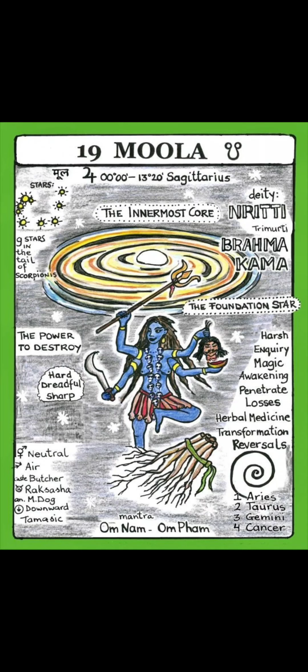And as we can see here, the Mula nakshatra is the innermost core, also known as the foundation star. The Mula nakshatra initiates spiritual transformations. It offers insight into unseen realms and shares magical abilities to achieve higher positions. And you can see here, it has the power to destroy.